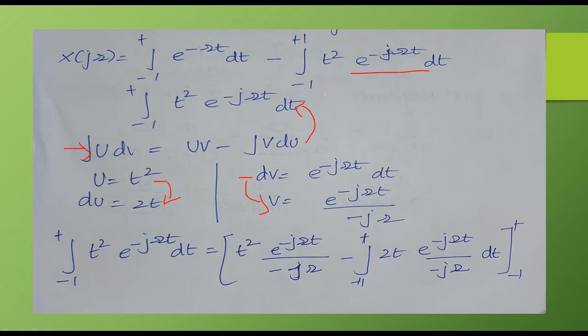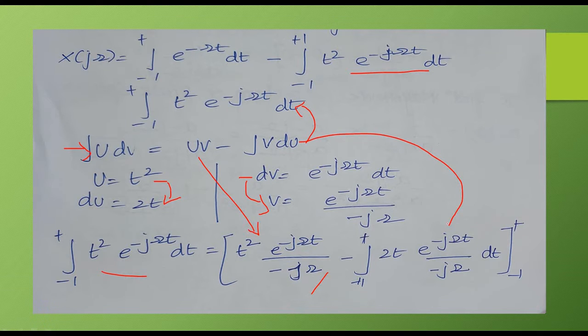Next, we will find out what is integral minus 1 to plus 1 of t square e power minus j omega t dt. Simply substitute. Look at this. You have uv. U is t square and we have put t square. V is e power minus j omega t by minus j omega, and we have got it here. So there ends your first term. What about the next term?